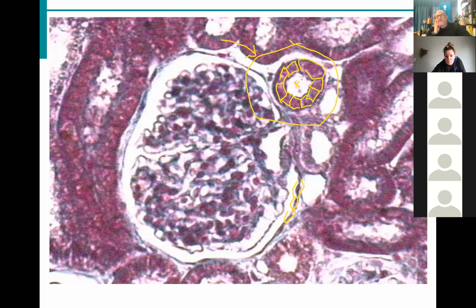Simple cubital. Simple cuboidal epithelial tissue. Excellent. And of course, identify the organelle. Nucleus. Let me clear up my drawing here a little bit. Identify the surface.